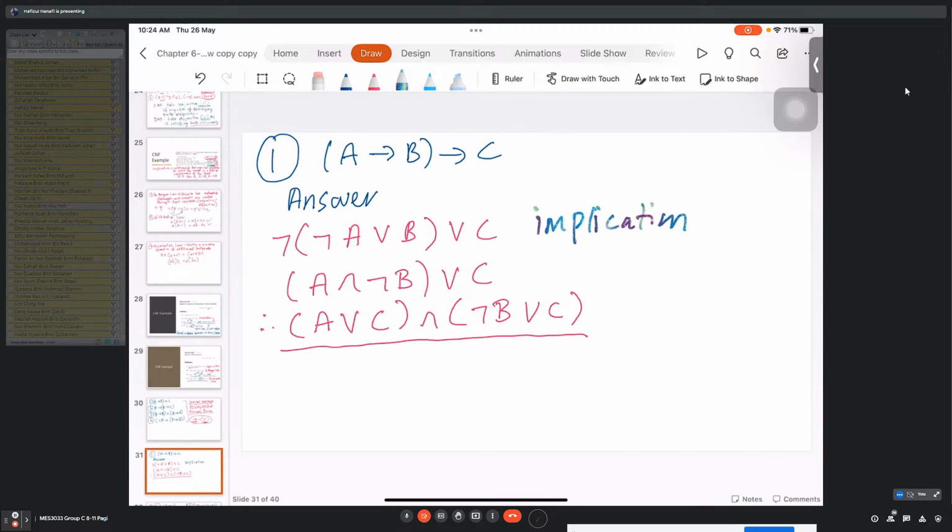And then the implication gives negate A or B or C. And then after that we have negation normal form: A or negate B, we put here to here or C. And then we have A or C and negate B or C.